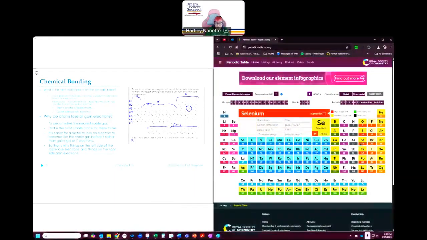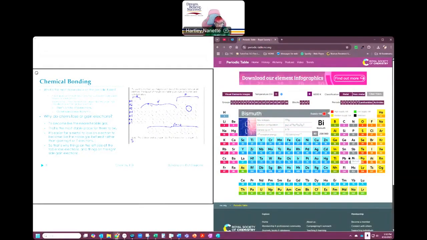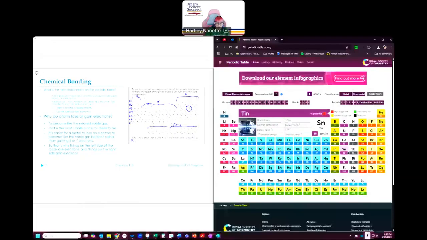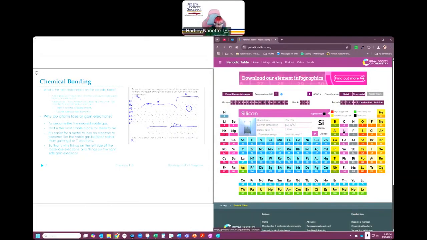Not all of these nonmetals are capable of losing or gaining as many electrons as they need to get to that octet. Sometimes it's just really hard, and so they're not able to lose or gain as many as they want. And so they have this situation where they have to share.